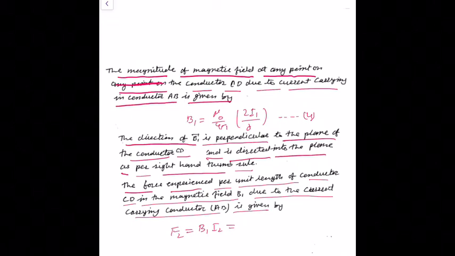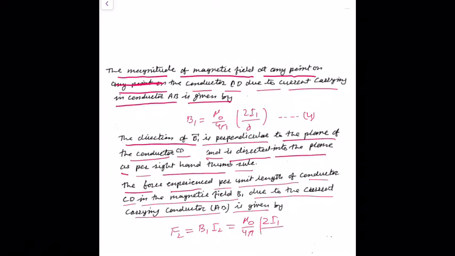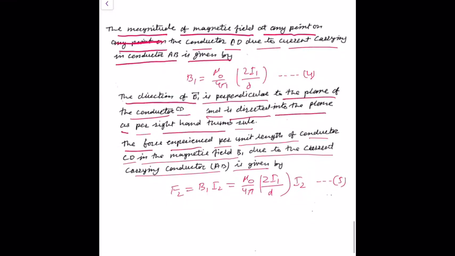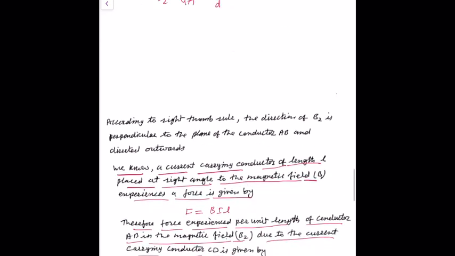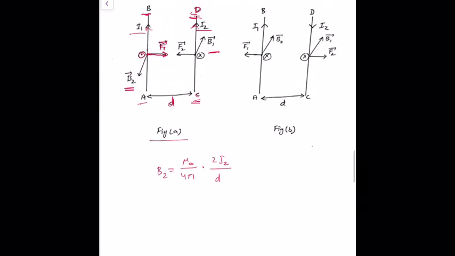So put the value of B1 from equation 4: mu naught upon 4 pi into 2I1 upon D into I2. It is equation 5. According to Fleming's left hand rule, the direction of F2 vector lies in the plane of the conductor and is directed towards AB, as shown in the figure.